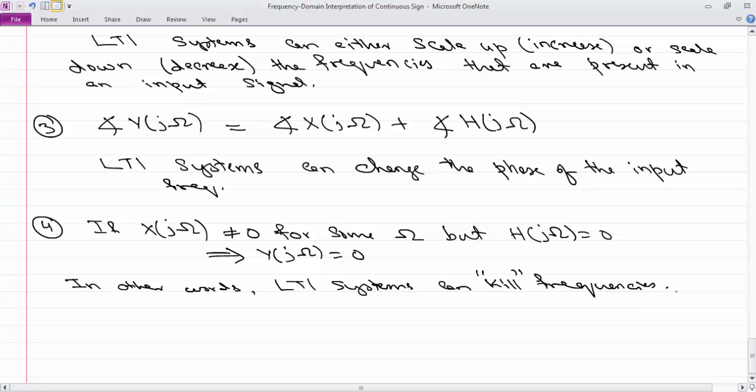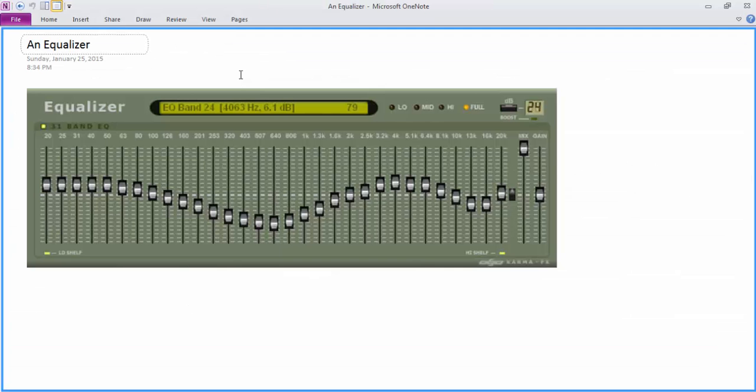And effectively, an equalizer, which I'm sure you have seen in all kinds of music settings, is nothing but an LTI system. So if you look at, for example, a general equalizer, it has these knobs, whether you are looking at it in the digital domain or with a manual setting, right?